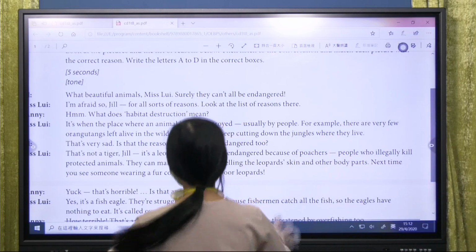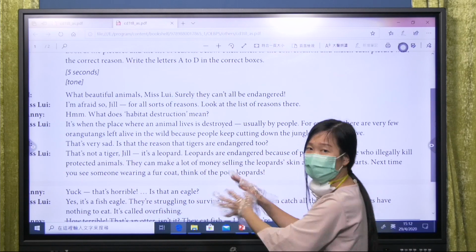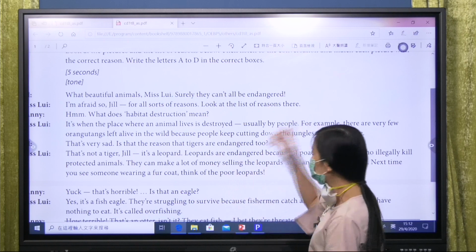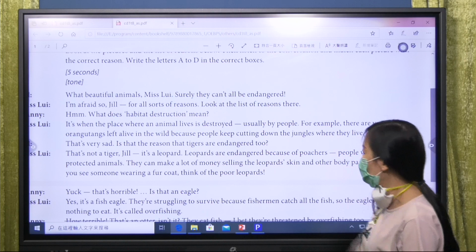Alright, it doesn't show me the underline, but I'll try to point out the answer. Don't worry.